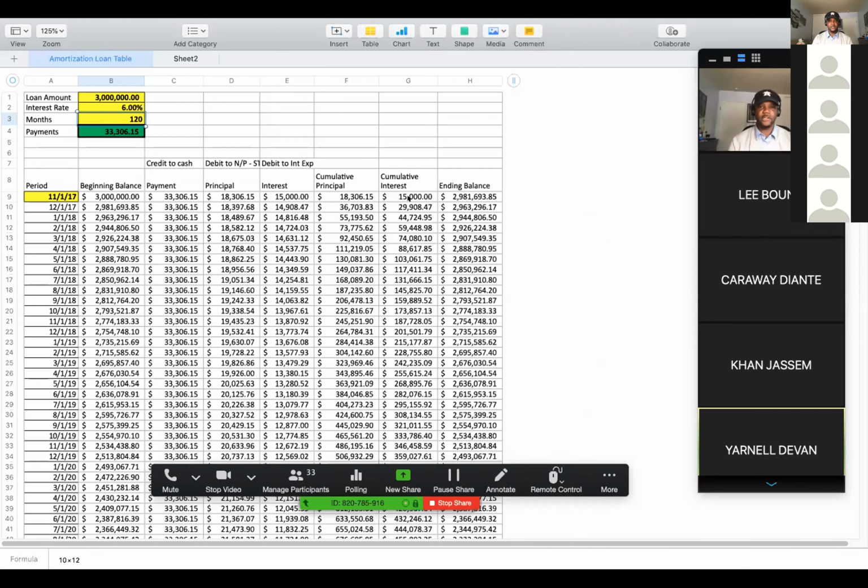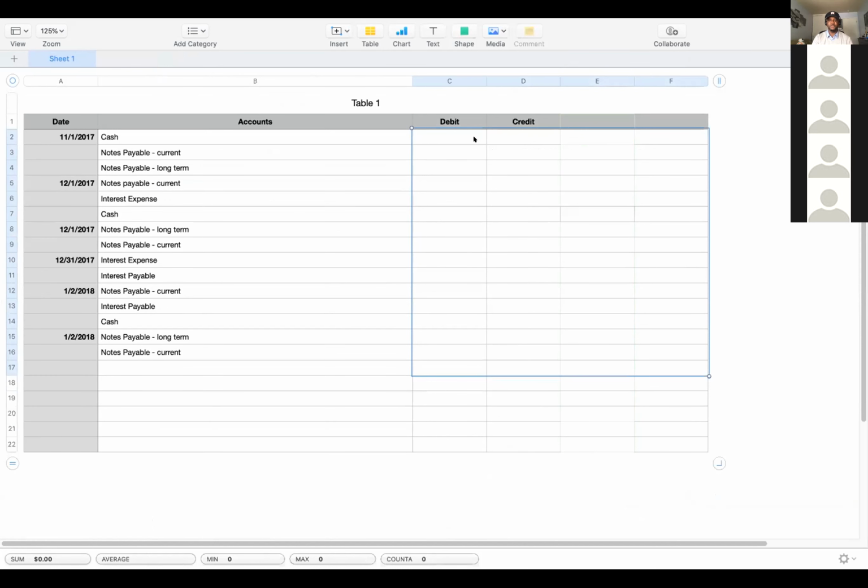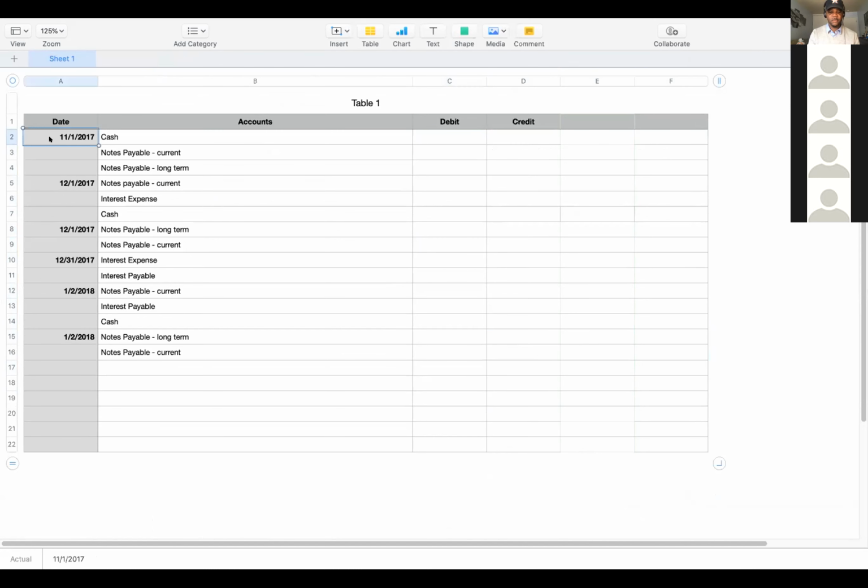And I believe you all can see my journal entries. So the journal entries, the accounts don't change. The only thing that's changing are the numbers. So what did you guys get on the dates? So the date was, what was the date? Was it February 1st? Correct. February 1st. How much cash did they borrow? 3 million.